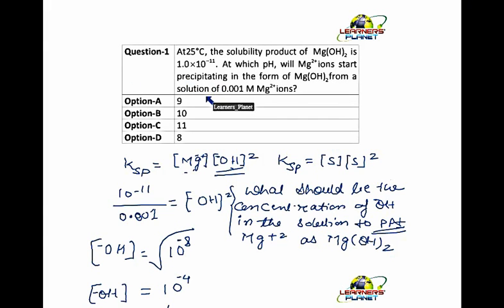So this question has been slightly twisted. Despite of asking how much hydroxyl or what should be the concentration of hydroxyl ions so that your magnesium ions precipitate, it is asking what should be the pH of the solution, right? So this is slightly twisted one. That's it.